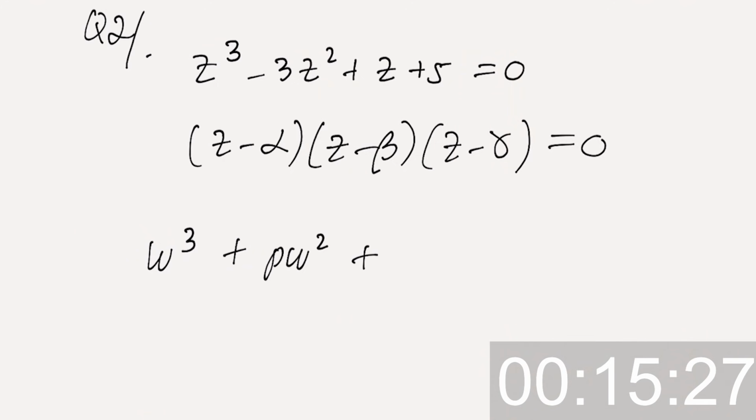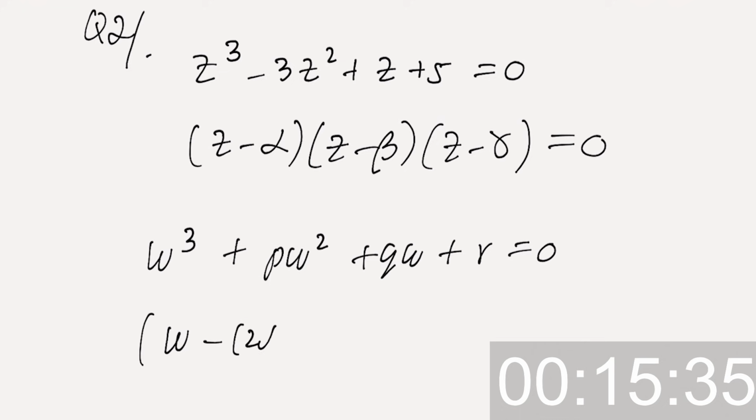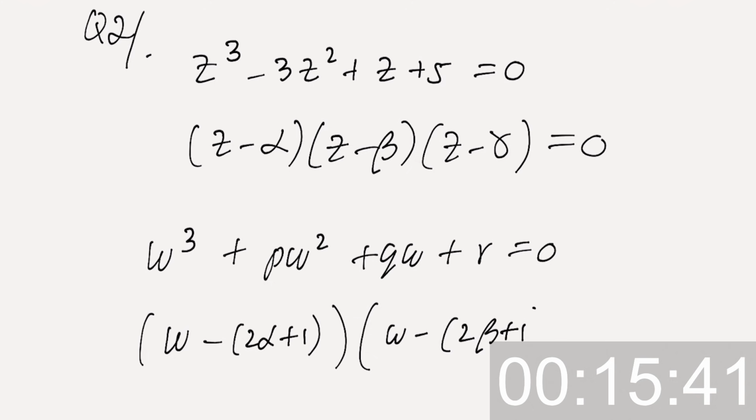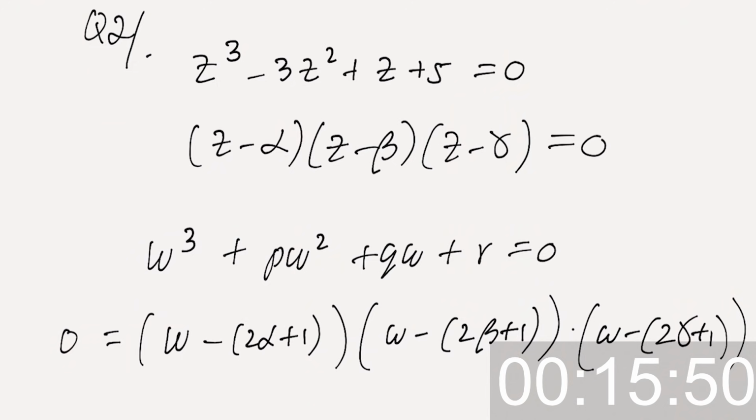We want it to look like w cubed plus pw squared plus qw plus r equals 0. And then we've got the roots in terms of the z roots. So w minus 2 alpha plus 1, w minus 2 beta plus 1, and then w minus 2 gamma plus 1. And that's all equal to 0.